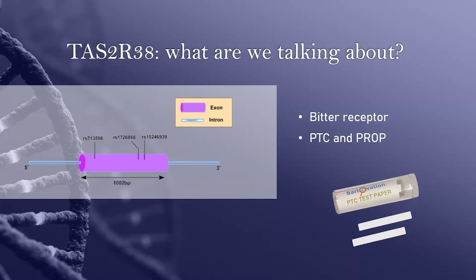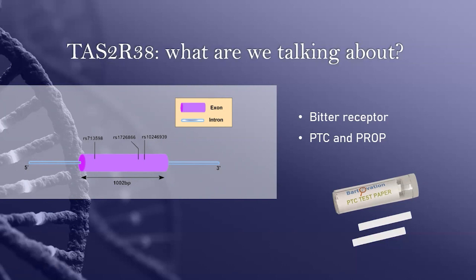These specific ones that you can see in the diagram are integral to how certain chemicals bind to the receptor in question. Two chemicals that we use in bitter taste testing pretty commonly, which is why TAS2R38 is really important, are PTC and PROP. You might recognize PTC in its case strip form that you might have done in a class in high school or college to demonstrate that some people in your class have different phenotypes of taste, and comparing that to your genotypes if you were able to get them genotyped.